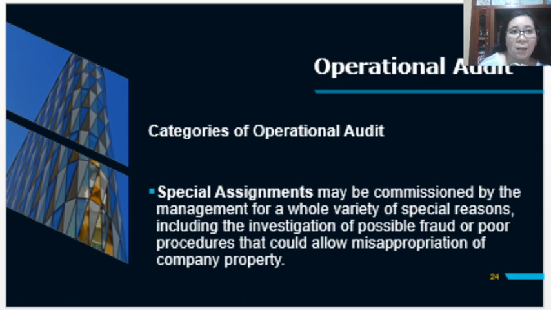So special assignments will be performed because the management has a specific purpose of determining something like fraud or poor procedures which need to be addressed immediately. Okay, so that's why special assignments are being conducted. Okay, so those are for the operational audit.